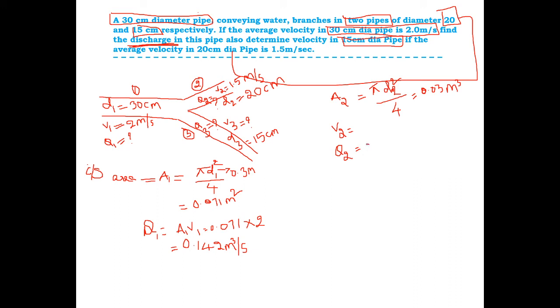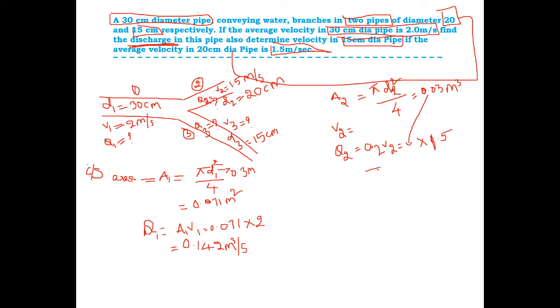A2 how much? 0.03, multiplied with velocity 1.5 meters per second.